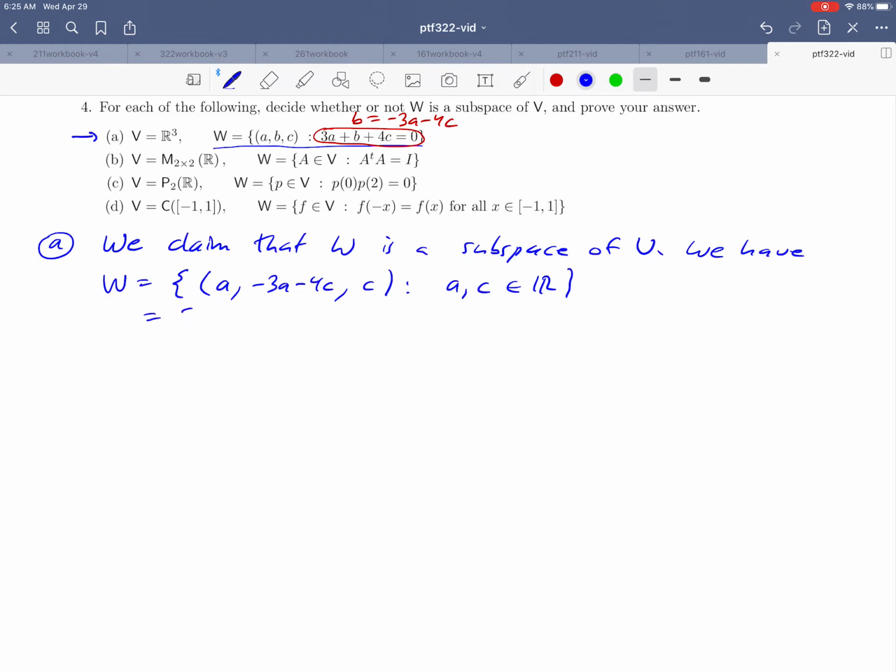We can pull that apart and rewrite it as a times (1, -3, 0) plus c times (0, -4, 1). By doing that, we have demonstrated that W is a span. This is, by the very definition, the span of the two vectors (1, -3, 0) and (0, -4, 1).